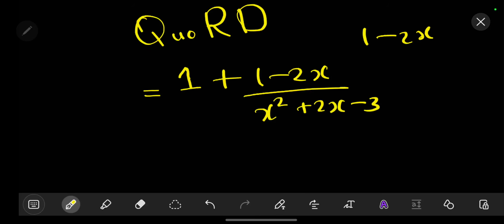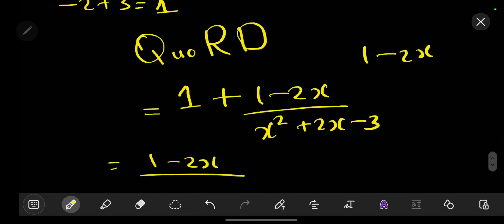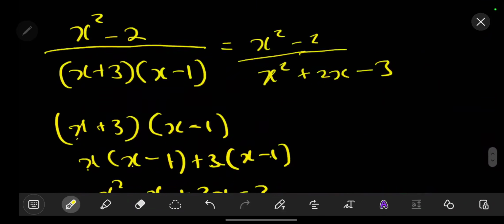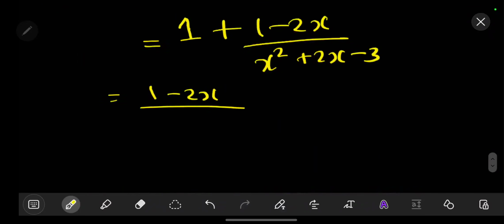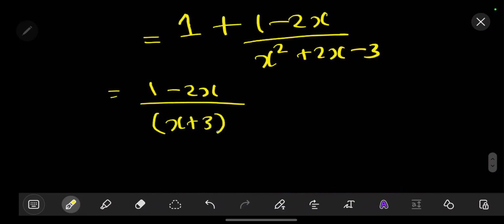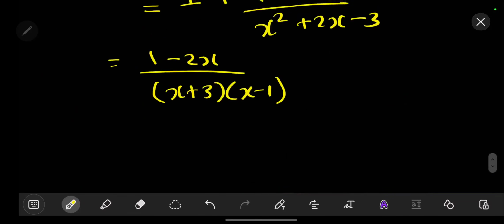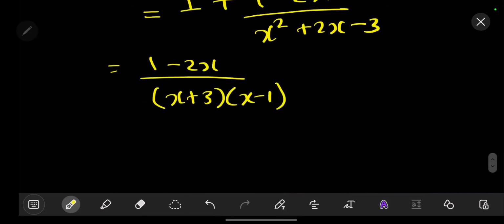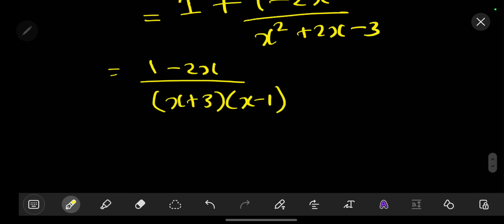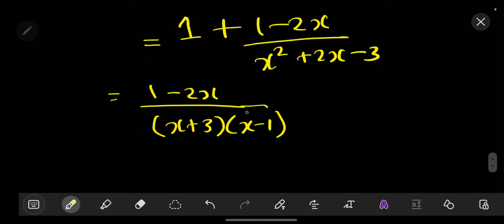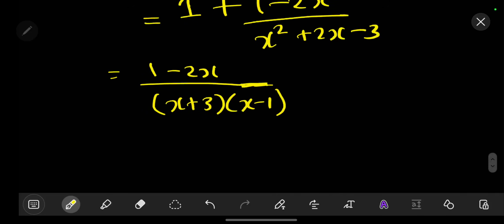Now this one was initially 1 minus our 2x. In its factorized form, we had x plus 3 and our x minus 1 like that. So this is what we have. So what we are going to do is that, 1 minus 2x, we are going to apply the partial fraction concept.